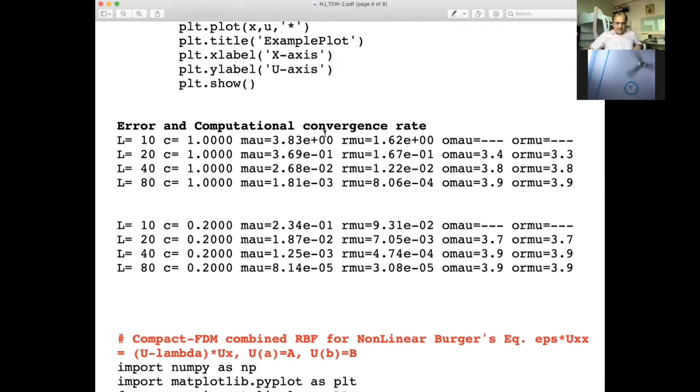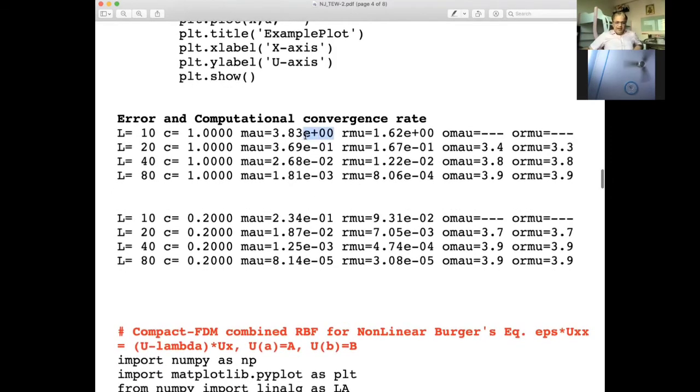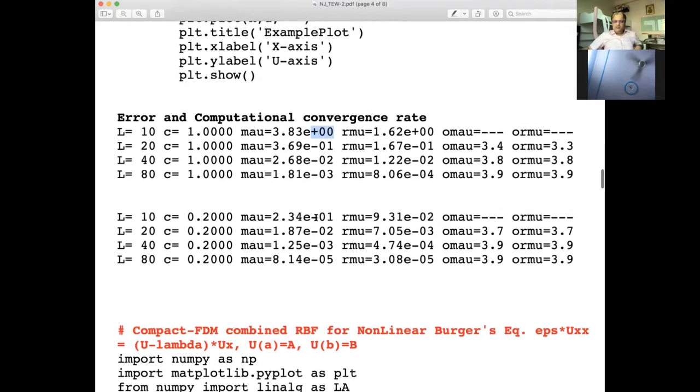Here it is 3.8 plus 0. Here 2.3 minus 1. So this is better. Similarly, here it is 3.6 minus 1. Here it is 1.8 minus 2. 2.6 minus 2. Here 1.25 minus 3. Here it is 1.8 minus 3. Here it is 8.4 minus 5.